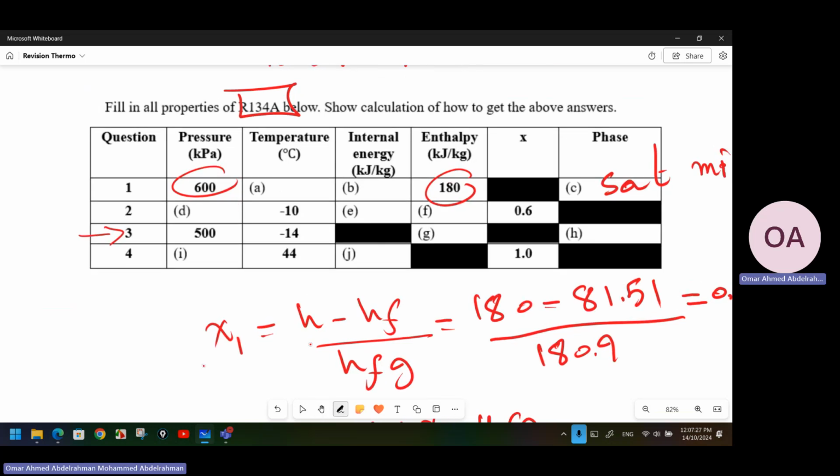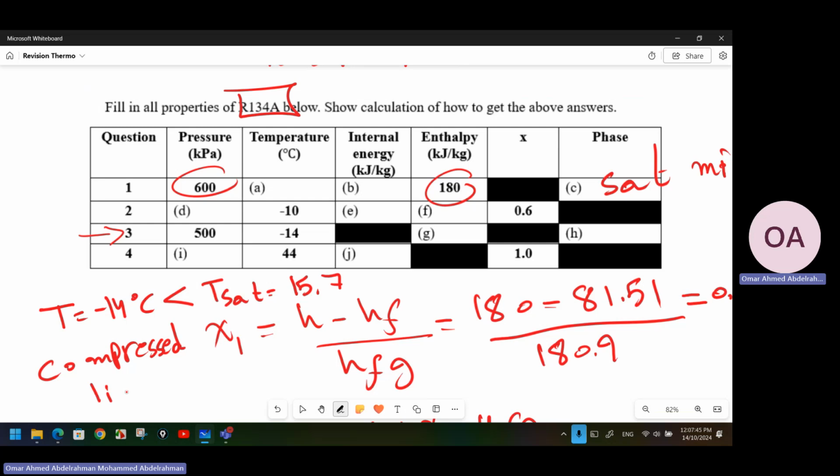Here you will find that the T that I have, which is -14 degrees Celsius, is less than the saturation temperature, which was 15.7 something. That means it is compressed liquid, right? And I will assume that the compressed liquid is approximately a saturated liquid.